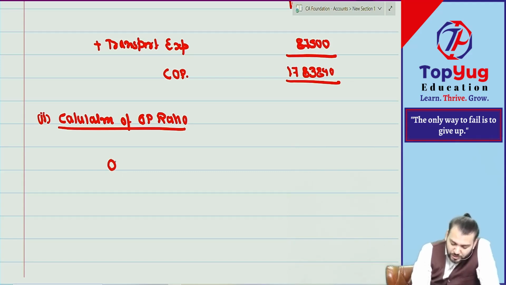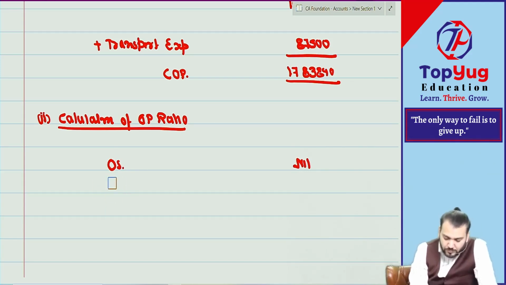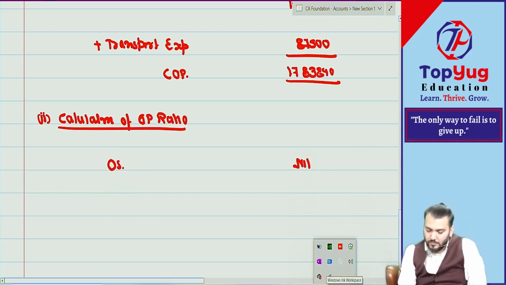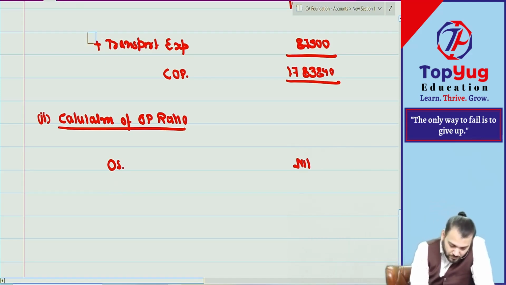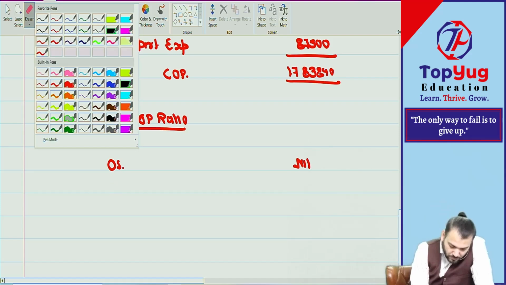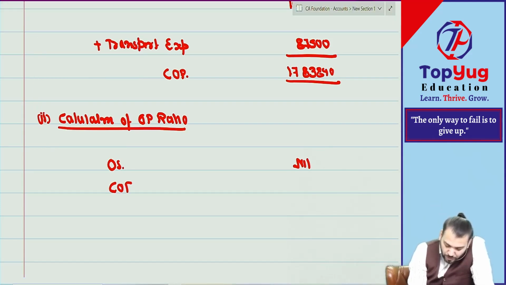If opening stock is not given, we will assume nil. Cost of purchase how much? Cost of purchase 17 lakh 83,840.